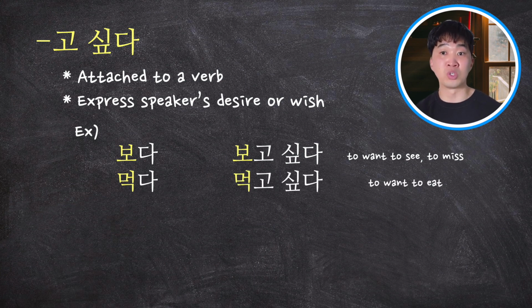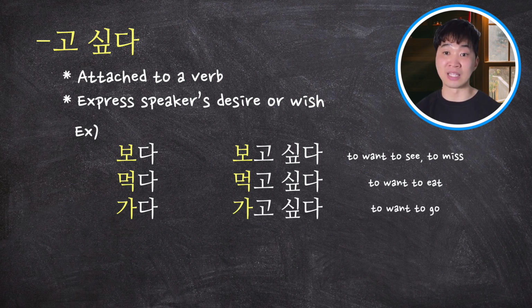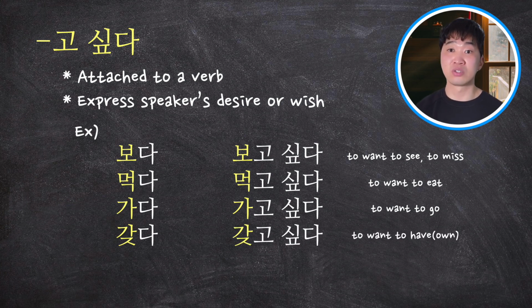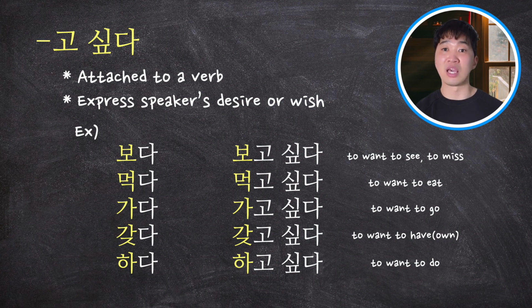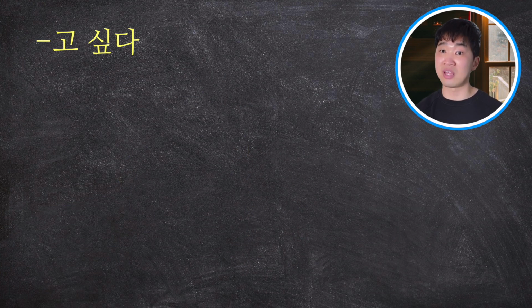If we put 고 싶다 after the verb stem 먹, so 먹고 싶다, I desire to eat, I wish to eat, I want to eat. In the same way, when 가다, to go, meets 고 싶다, it will be 가고 싶다, I want to go. And 갖다, to have something, to own, can be 갖고 싶다, I want to have this. Okay? 하다, to do something, can be 하고 싶다, I want to do that.